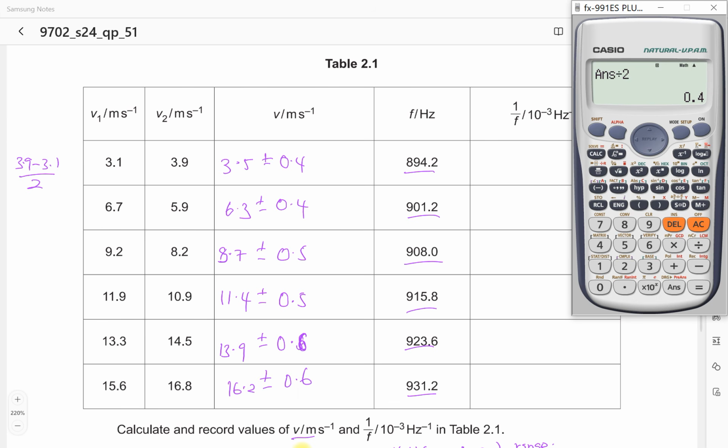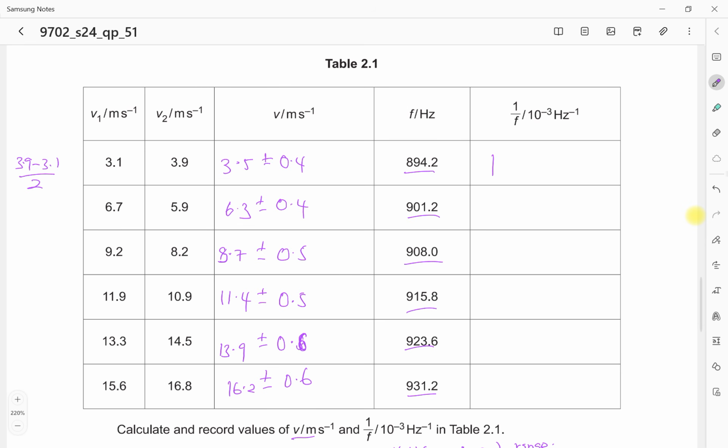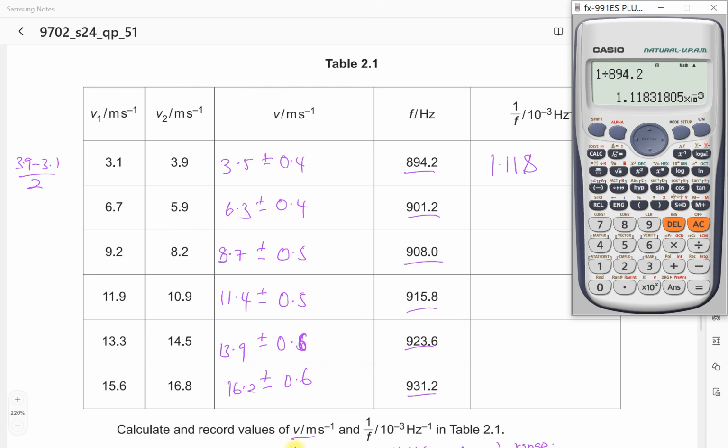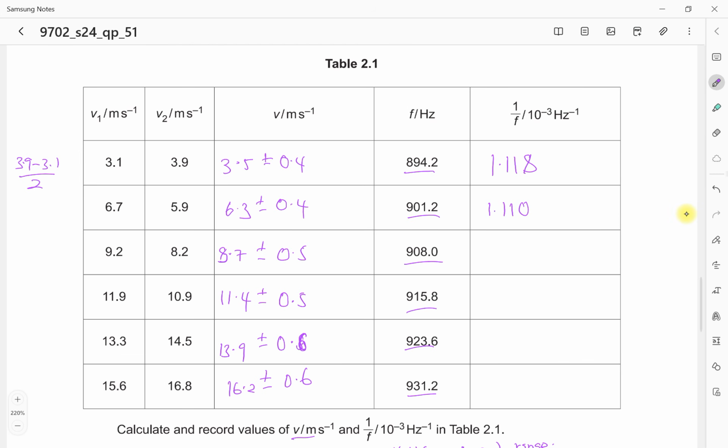So the first one is 1 divided by 894.2, that is 1.118 to 4 significant figures. 1 divided by 901.2 is 1.110 to 4 significant figures.